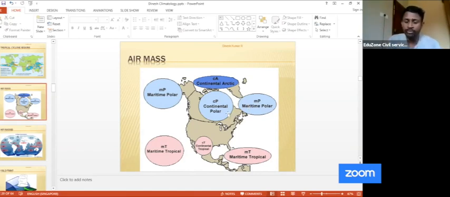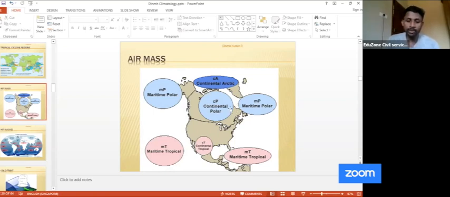Now how are fronts formed? What is the reason for the development of a front? Why do these air masses interact? The answer is very simple. They interact because of the prevailing wind existing in that area. For example, somewhere here I have the westerlies blowing in, and somewhere here the polar easterlies blowing in.